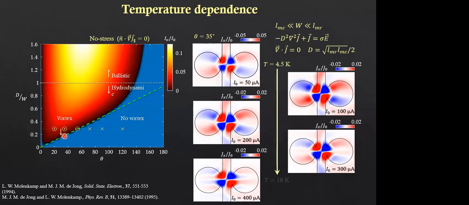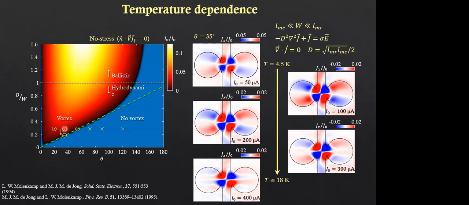Electronic calculation shows that 400 microamps correspond to about 18 Kelvin electronic temperature in the system. So by going from 4.5 Kelvin to 18 Kelvin, one can shift the phase boundary from here to here.